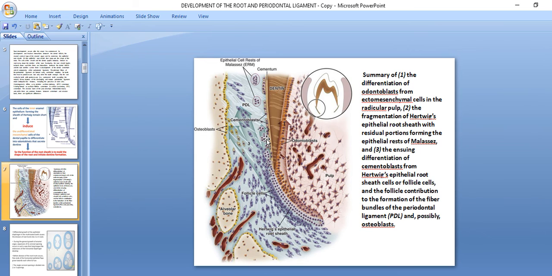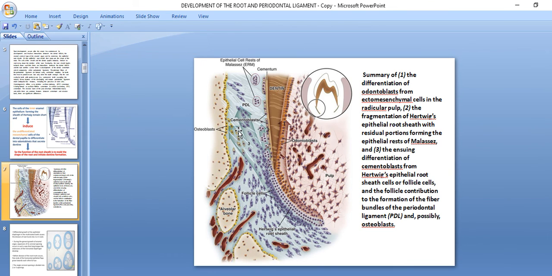Once cementogenesis has begun, cells of the remaining dental follicle become obliquely oriented along the root surface and show an increased content of intracellular organelles, becoming the fibroblasts of the periodontal ligament. These fibroblasts secrete collagen of the periodontal ligament into the extracellular compartment.